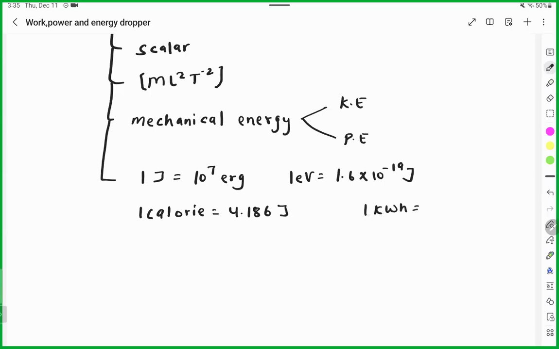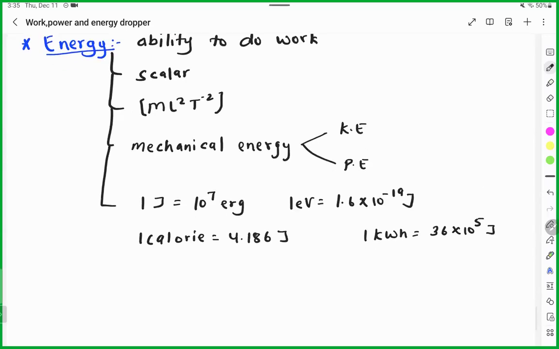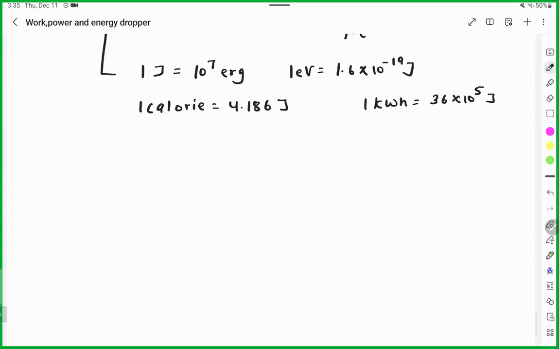Varinder, 1 kilowatt hour is equal to, right. So these are the popular units we use in case of energy. Am I audible, guys? Yes, sir.